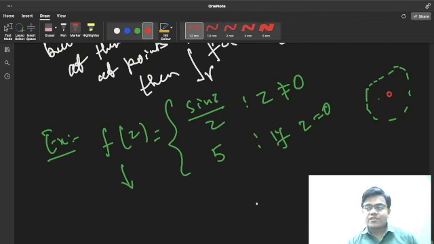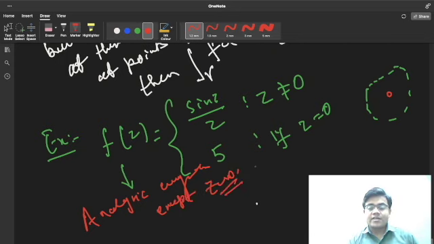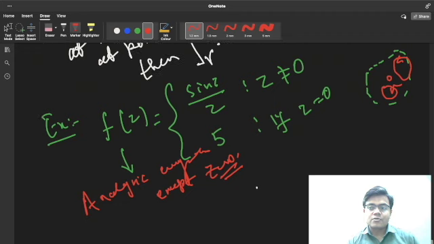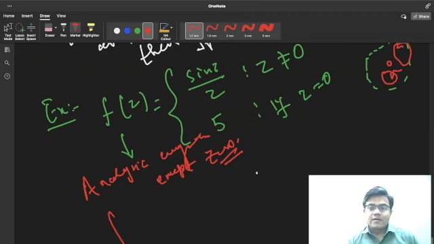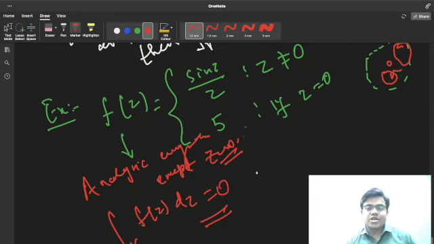This function is analytic everywhere except 0, so where it is not analytic is a single point, a finite number of points. If you find its integration along any closed curve inside this, then according to the Cauchy-Goursat theorem its integration will be 0.